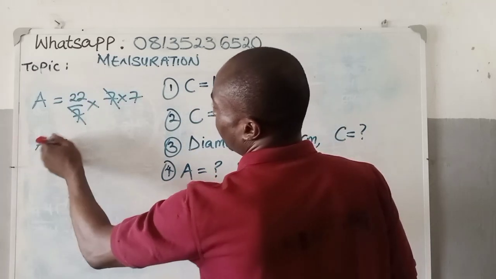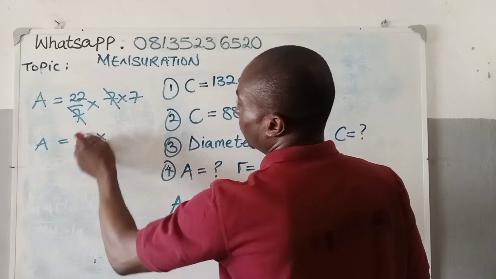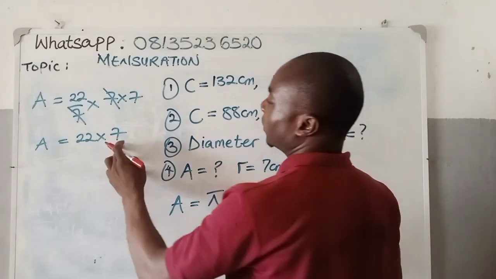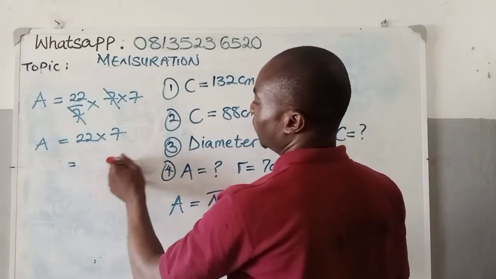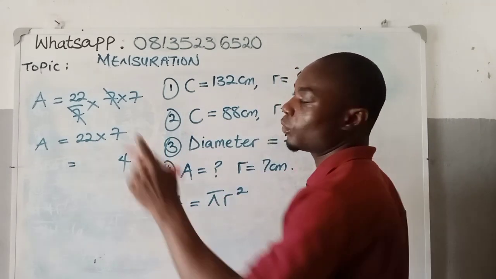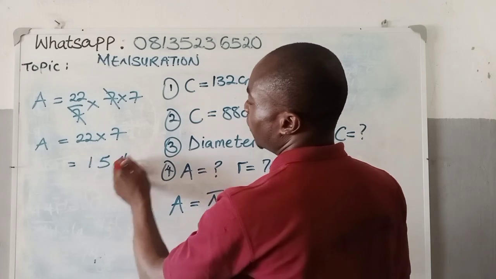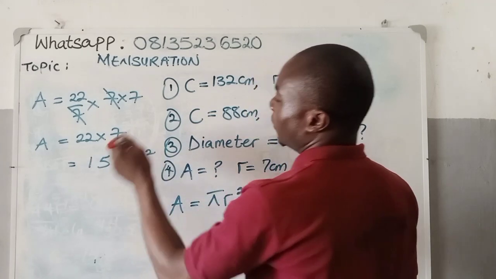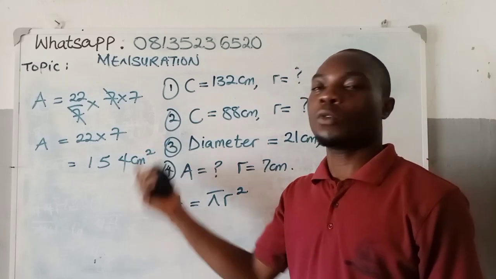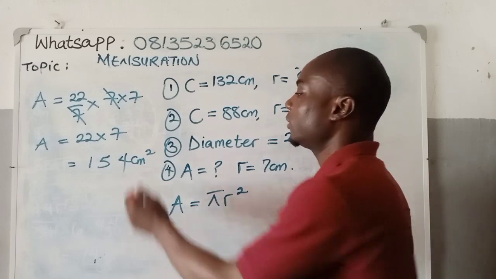So our area here will be 22 multiplied by 7. 7 times 2, we have 14. 4, we carry 1. Then 7 times 2, 14 plus 1, we have 15. So we have 154 centimeters square. All right, so area is measured in centimeters square, while circumference is measured in only centimeters.